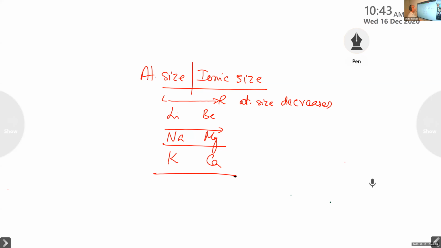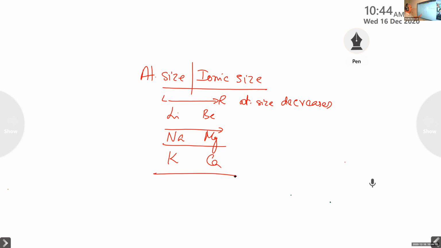That is because from left to right, atomic number increases and the effective nuclear charge also increases. So the outermost electrons are pulled strongly towards the nucleus, and there is a contraction in size.